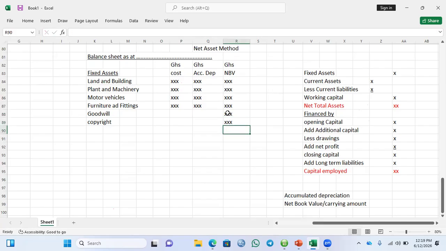We amortize them. Their values also fall. If you have goodwill, it doesn't stay forever. Imagine Key Soap. Do you know Key Soap? How many of you know Key Soap? I doubt if you people know Key Soap. But Key Soap used to be very popular.